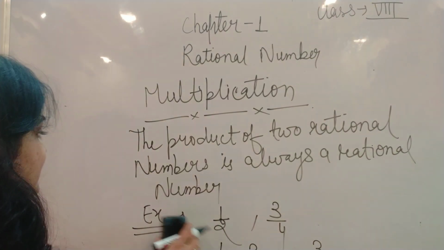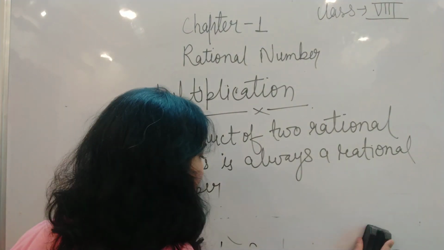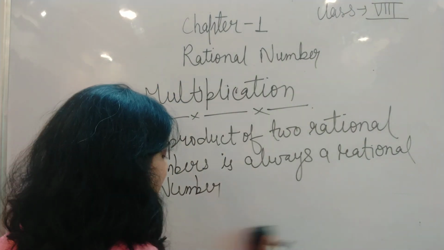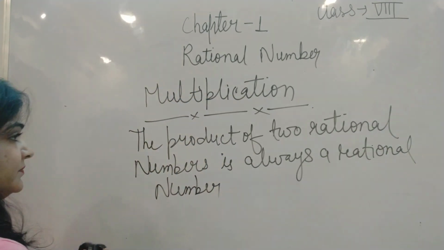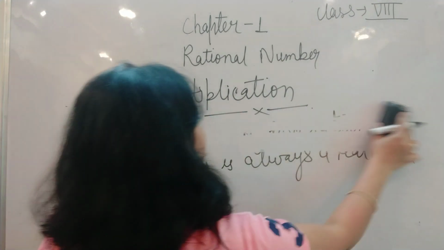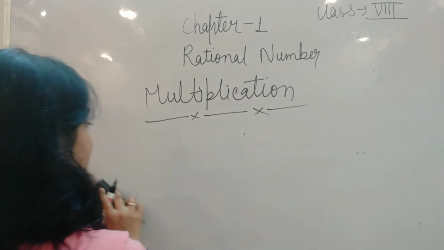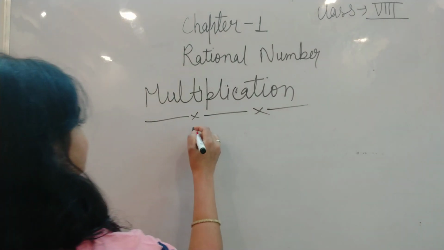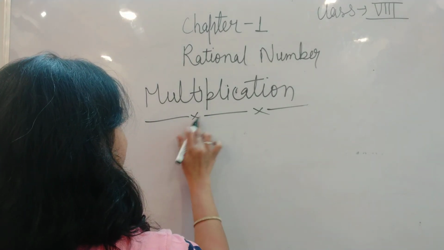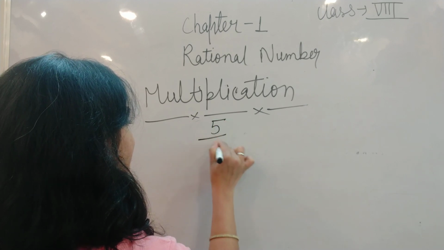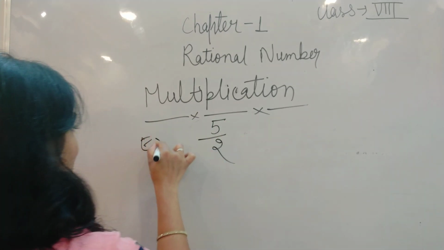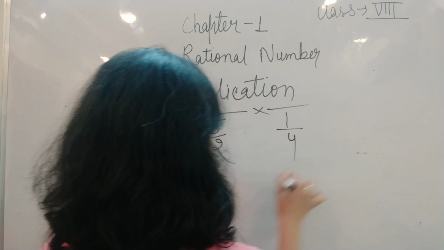For understanding this concept, I am taking another example. 5 by 2, 1 by 4.